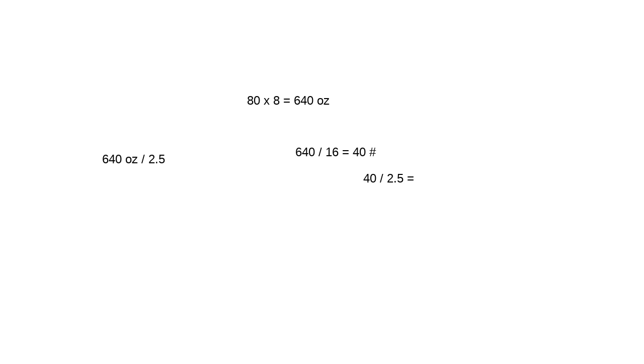And then you could take the 256 and convert it back to pounds by dividing by 16 ounces. And that would also give you the answer. So there's a couple of different ways you can do it. You can use the conversion factor right here, or you can use the conversion factor after you convert it to pounds. It works the same both ways on that one.